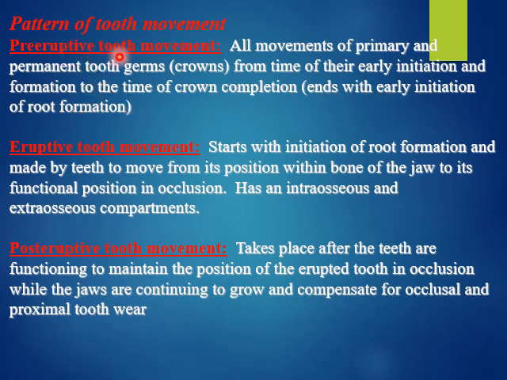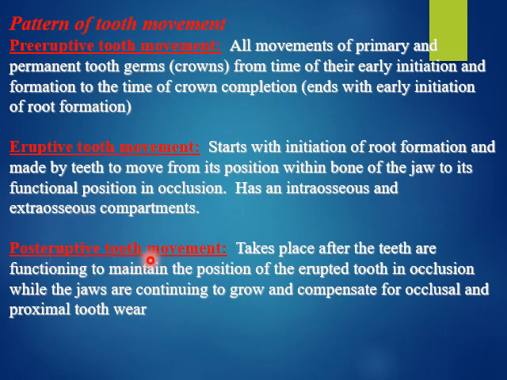So the pre-eruptive phase begins from the early initiation of dental lamina to complete crown formation, while eruptive tooth movement starts with the initiation of root formation and moves the tooth from its position within the bone, meaning intraosseous, to its functional position in occlusion, with intraosseous and extraosseous movement, meaning outside the jaw.